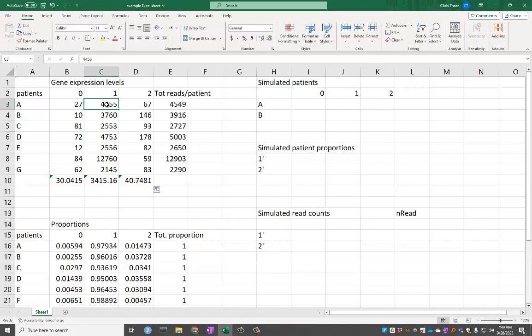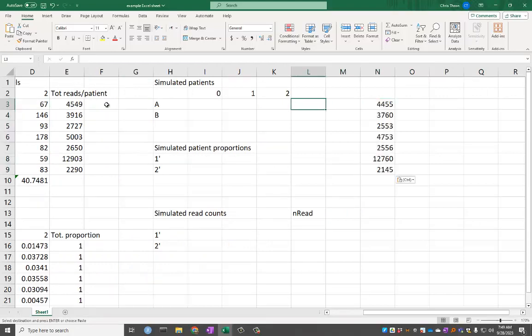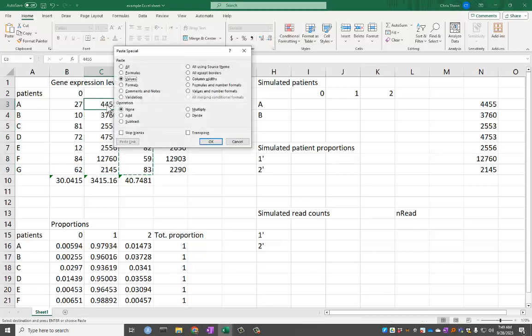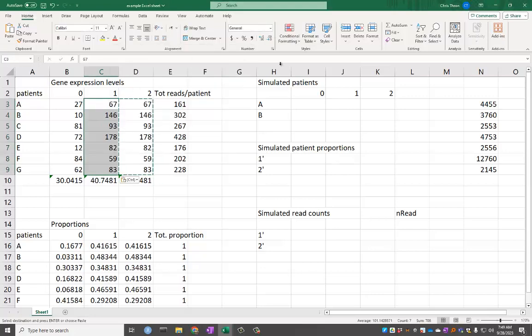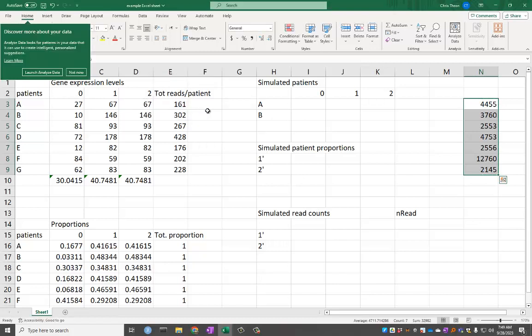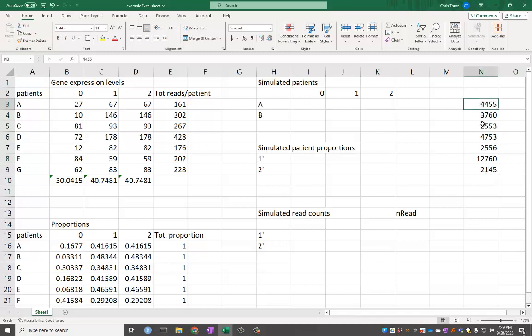Well, let's see if I can make this work. Let me take this out here for a second, put it here, and then I'll take this data here, and then copy, and then paste the values here. And then here I'm going to move these values over here. Sorry, not sure what it's doing.